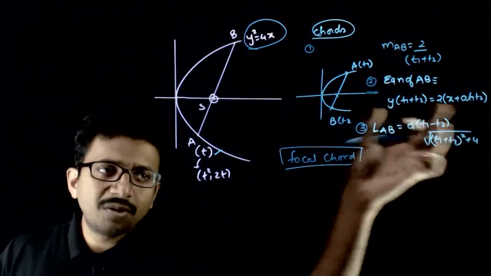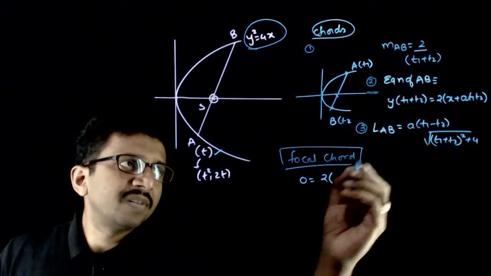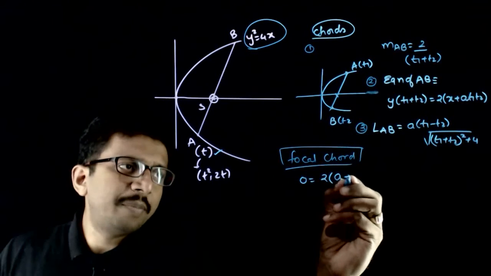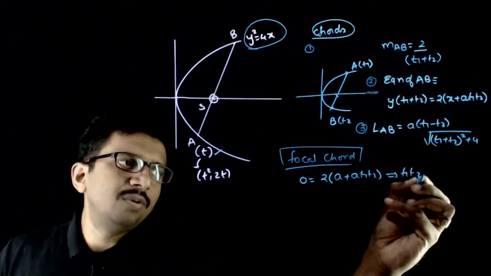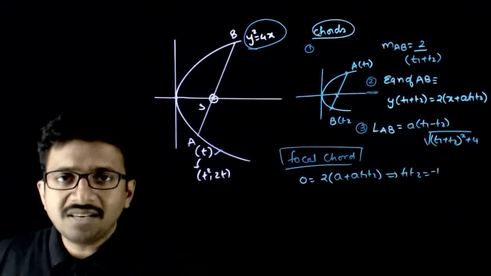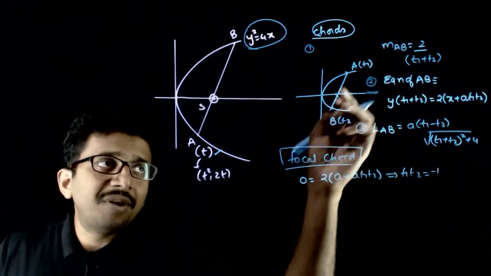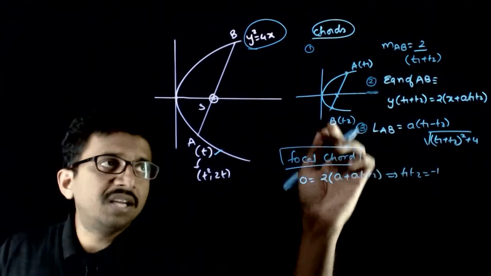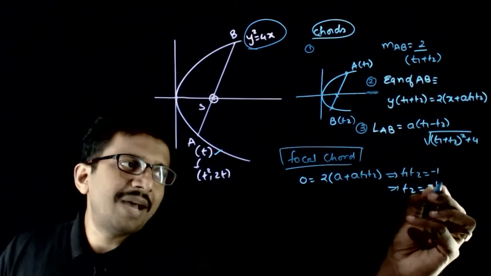If you put a comma 0 in the equation, you get 0 is equal to 2 times a plus a t1 t2, this implies t1 t2 is equal to minus 1. This is again a very standard result regarding focal chords. That means if you have a focal chord joining t1 and t2, t2 will be equal to minus 1 by t1.